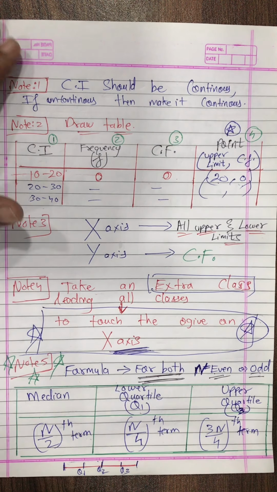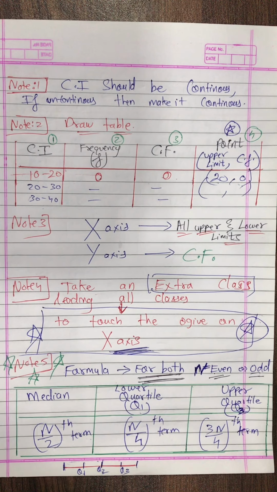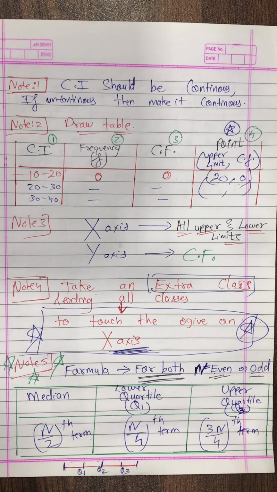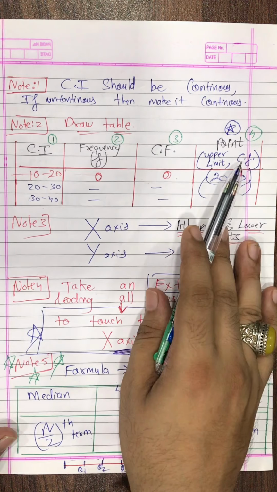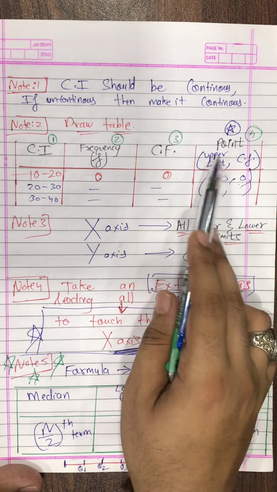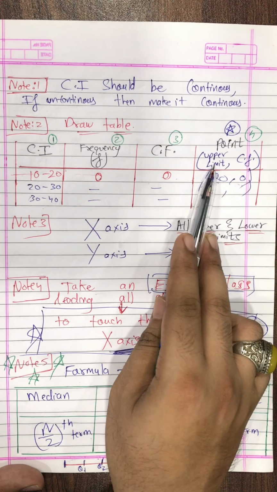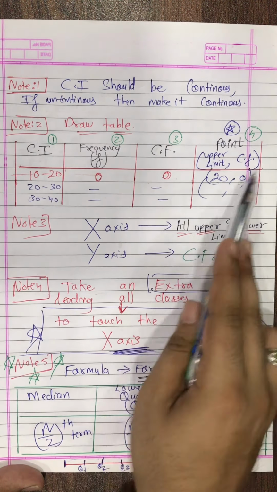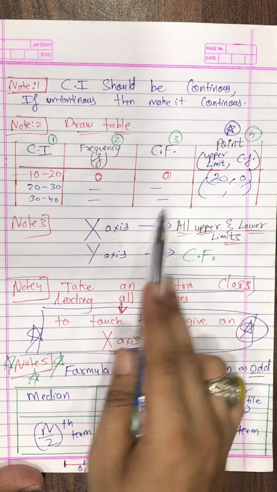Students, this is the entire chapter, and I can challenge no textbook will give you in such a way on one page the entire method of drawing ogives. You have to learn this by heart, rote learn this. Okay, 4 columns: class interval, frequency, CF, and this point is always x coordinate, y coordinate. So on x coordinate upper limits will come, 20, 30, 40 will come here, and on the right hand side y coordinate CF will come.